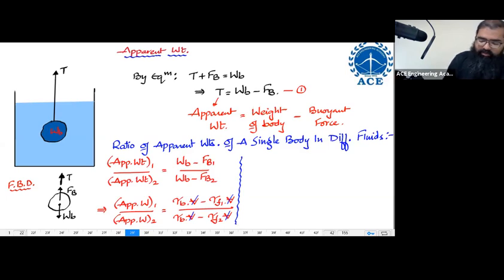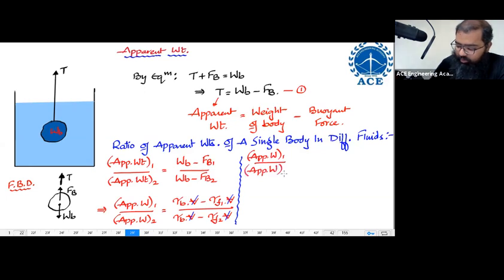If I cancel this off, what do I get next? I get apparent weight in case 1 upon apparent weight in case 2 equal to gamma of body minus gamma of fluid 1 upon gamma of body minus gamma of fluid 2.